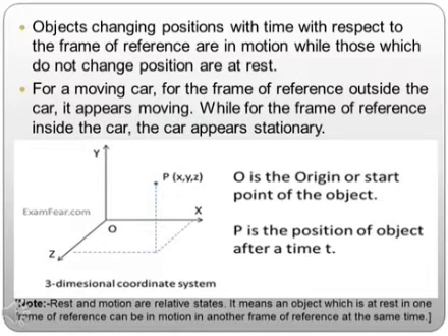The figure shows a coordinate system which consists of three axes, x, y and z axes. Let O be the origin or starting point of an object and P be its position after time t. As I have told earlier, motion means change in position of a body over time.